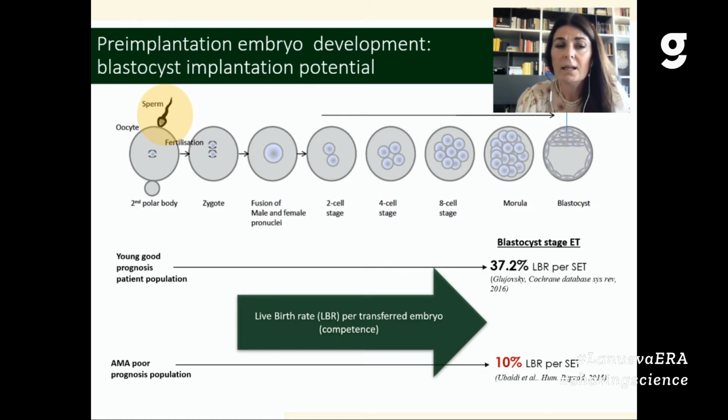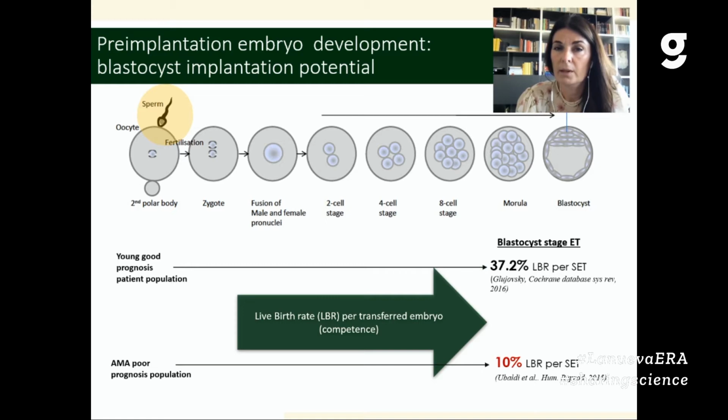As you can see here, a very good prognosis population will have about 35 to 40% possibility, so a single blastocyst from this population has such a high implantation potential. But when you move to the advanced and poor prognosis population, the advanced maternal age population, this implantation potential is strongly lower, about 10%.